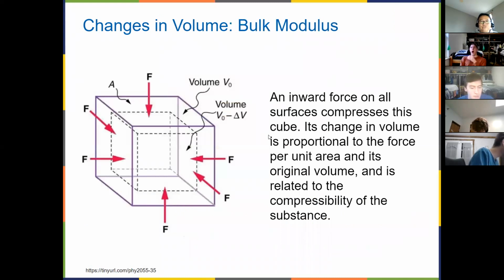You can also apply force in three dimensions. Then there will be a change in the shape of the object, and the volume will be changed. That's called bulk modulus. We are not going to discuss the details of these scenarios here, but that will be it for the general physics class. So that's this chapter.